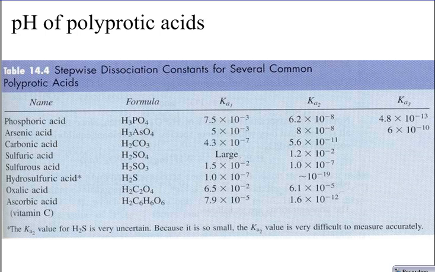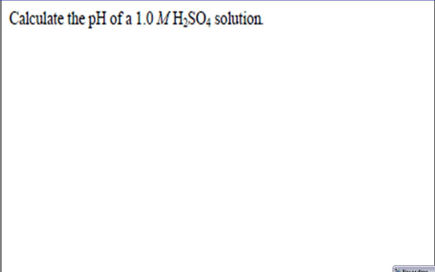So in the case of sulfuric acid, it really becomes dependent upon what the overall concentration is. If you have something that's concentrated, like 1 molar sulfuric acid, that 1 molar sulfuric acid is not going to change a great deal based on a Ka value.